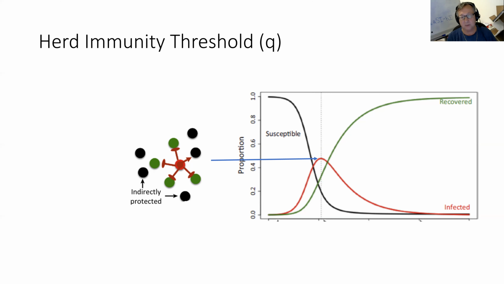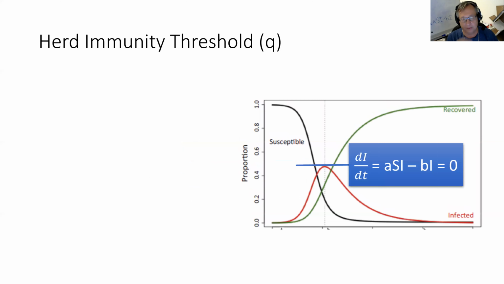So this is a very special situation where you're at the peak, where the effective reproduction rate is 1. And so this is going to be the maximum value of that curve. This is where the proof is coming in. The point where that function reaches a maximum, the derivative ASI minus BI, is going to be equal to 0.